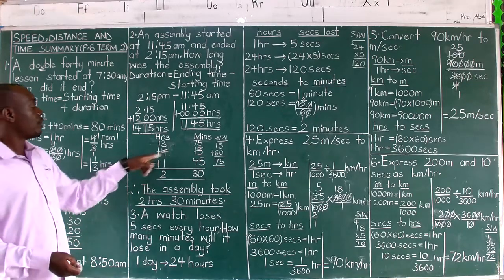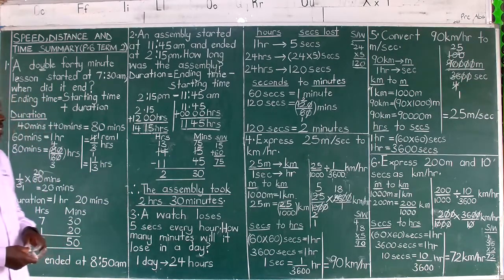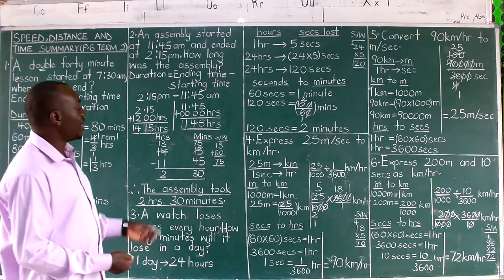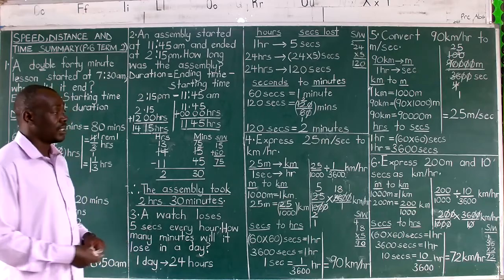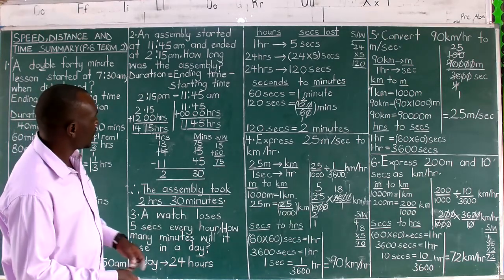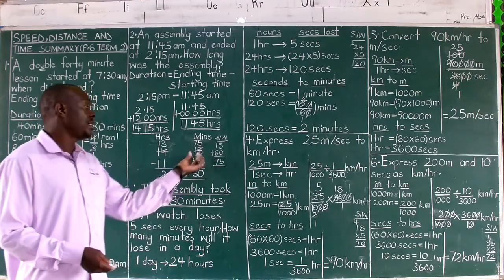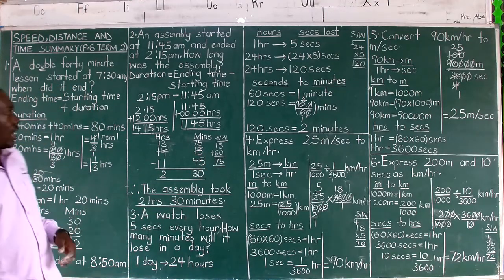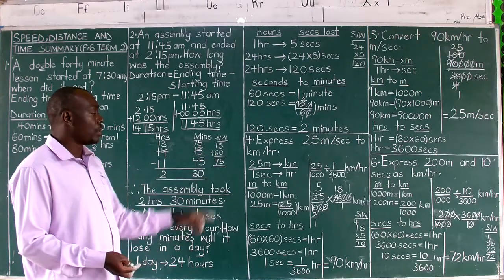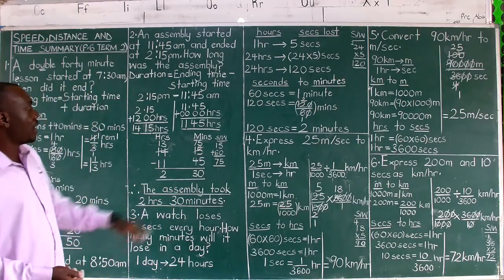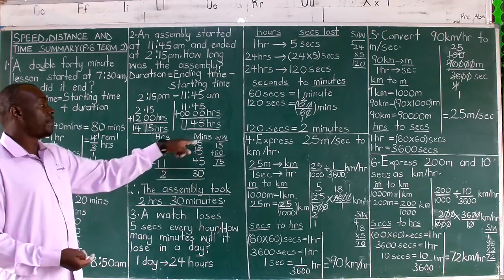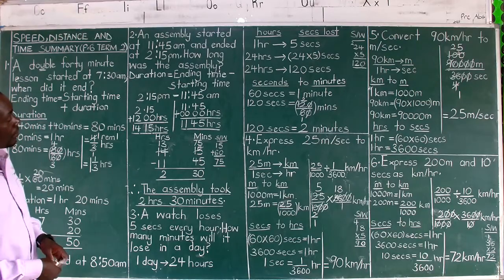So from 14 hours we take 1 hour, remaining 13 hours, and that 1 hour goes to the next section as 60 minutes. So we are helping these 15 recover a bigger value. 15 plus 60 we borrowed gives 75. Now replace the entire 15 with 75, and now sum up normally.